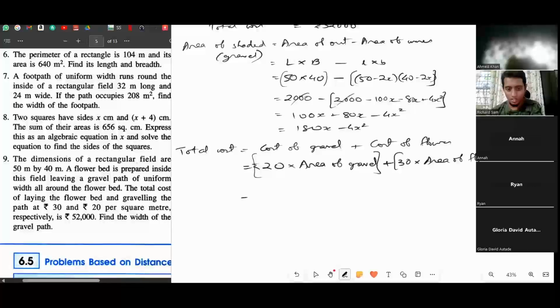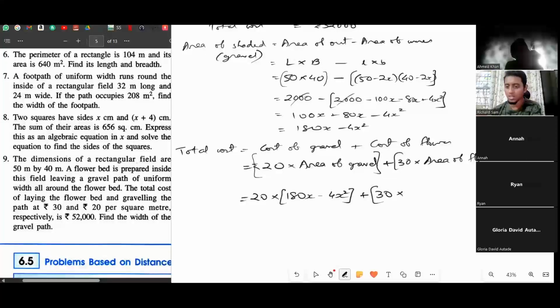Okay, so that is 20 into the area of the gravel, which is 180x minus 4x square, plus now the cost of flower is 30 into the area of the flower bed.